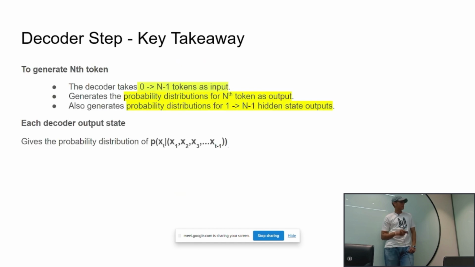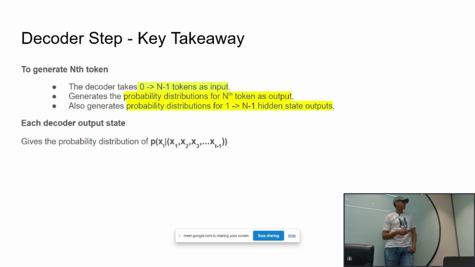Now, there are some key takeaways from this. First is that a decoder will take 0 to n minus 1 inputs. It will generate a probability distribution for the nth token. That means you take n minus 1 inputs and you generate the nth output. And it will also generate 1 to n minus 1 hidden states.